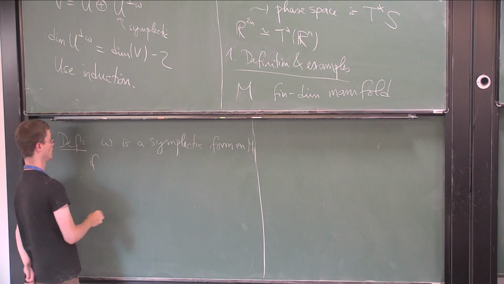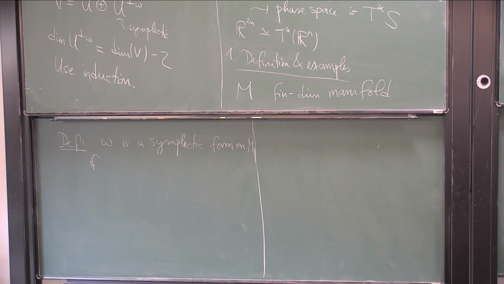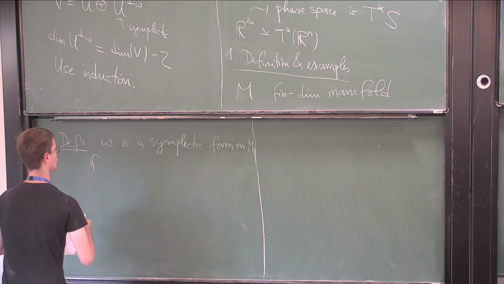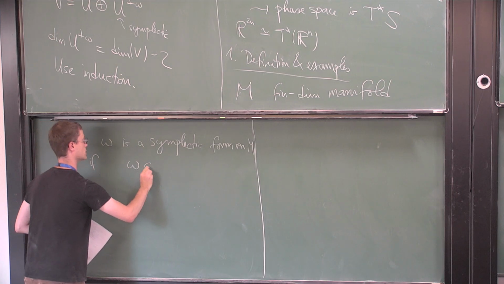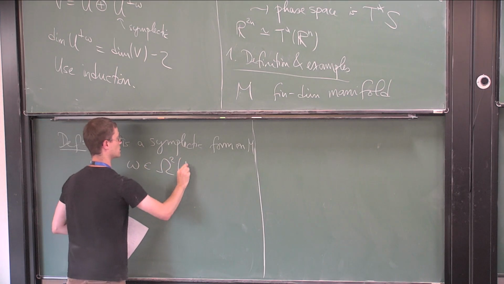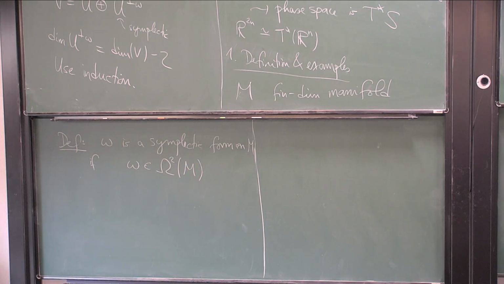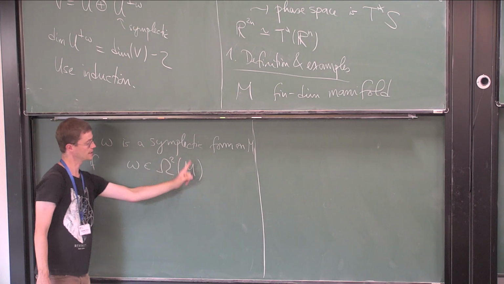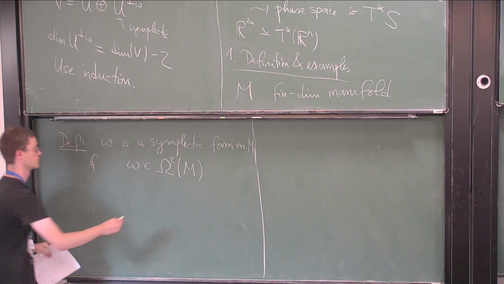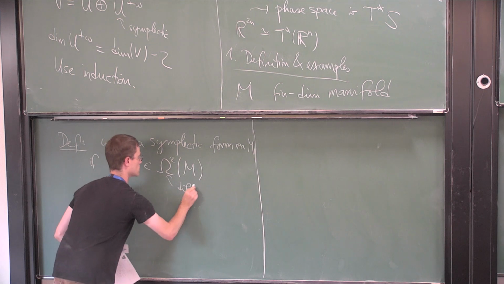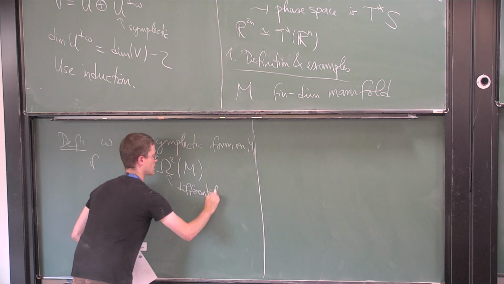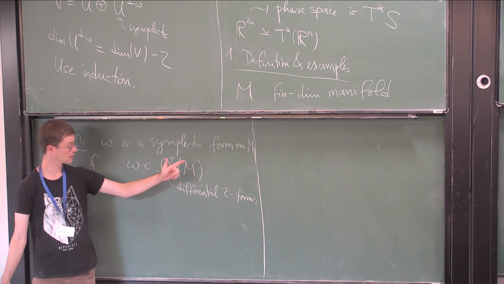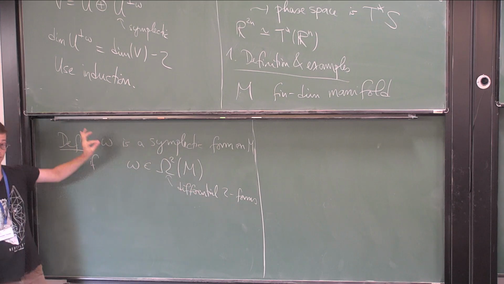It has to be, again, antisymmetric and bilinear, so we can shortly say it like this: omega is an element of this space, the space of differential two forms. So it is bilinear and antisymmetric at every point.